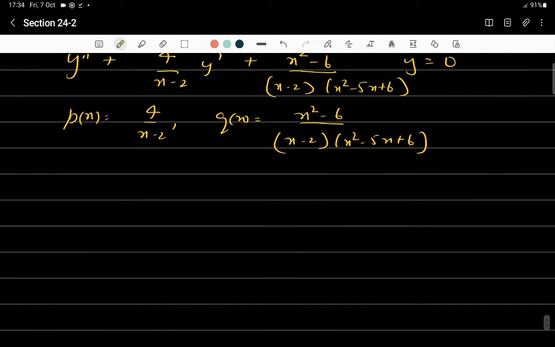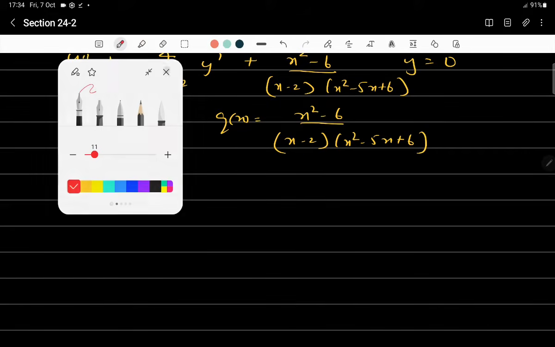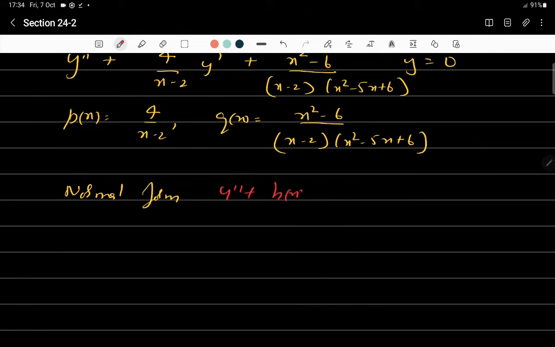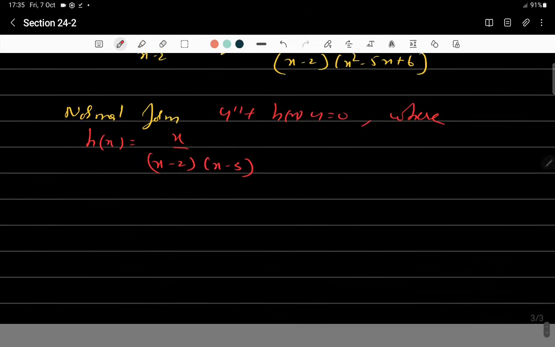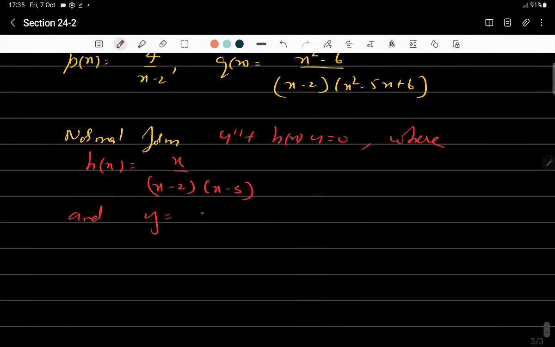Yes, so if you solve it, then the normal form comes out to be, please try by yourself, u double dash plus h of x u is equal to 0, where h of x is x by (x minus 2)(x minus 3), and y is equal to uv, where v is equal to e raised to the power minus half integral p dx, which comes out to be.